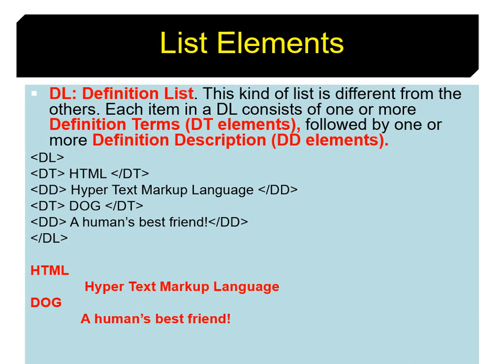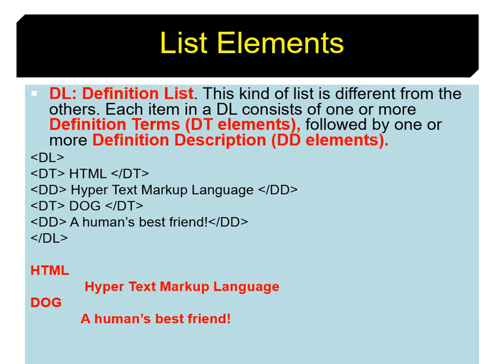We also have a type of list that is known as a definition list. Basically, a definition list is a list that consists of one or more definition terms.